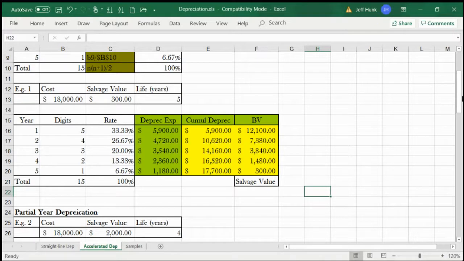But you just have to set it up for the first 2 years, and then you can drag it down. Doing this with Excel, of course, makes life a lot easier. So we're going to continue with the partial year adjustment in the next class.